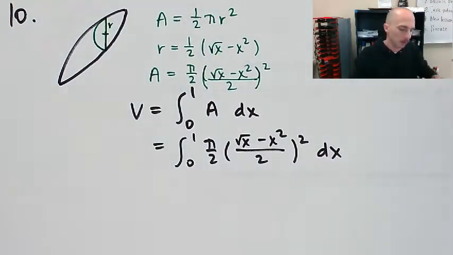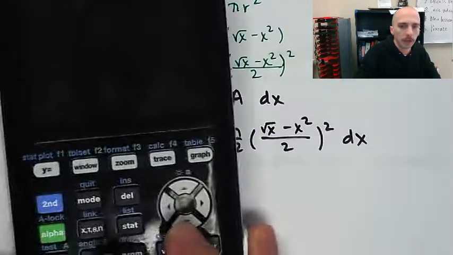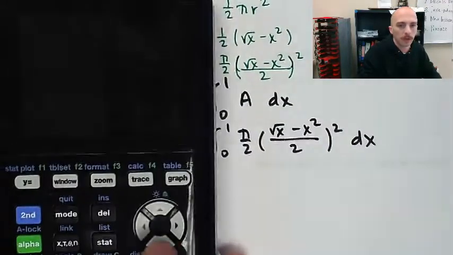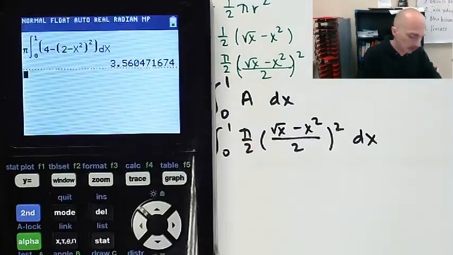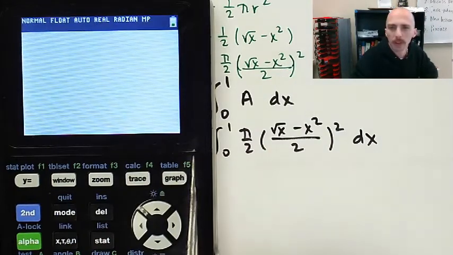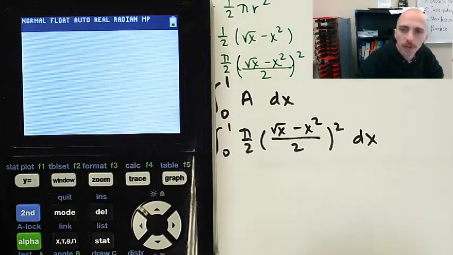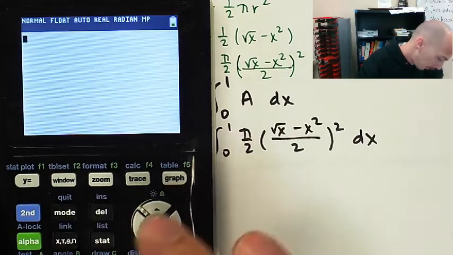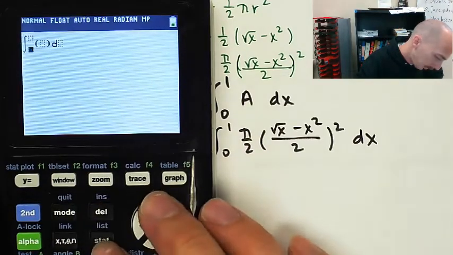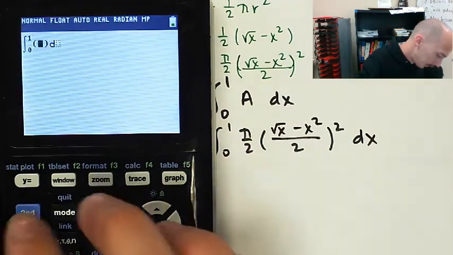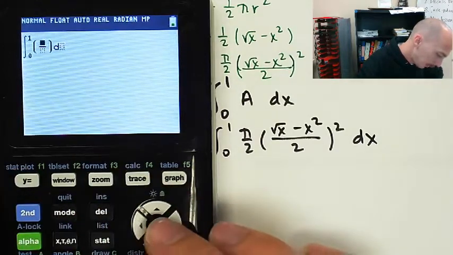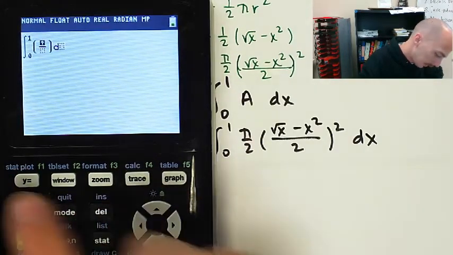I'm going to save some time and use the calculator here. Although we could definitely do this by hand if we absolutely had to, I don't find this to be one that's super likely for us to need to do by hand. If I needed you to do one by hand that was semicircles, I'd probably find one that worked out a little bit better. So I'm going to say math 9 from 0 to 1. Fraction. I'm going to have a lot of fractions.